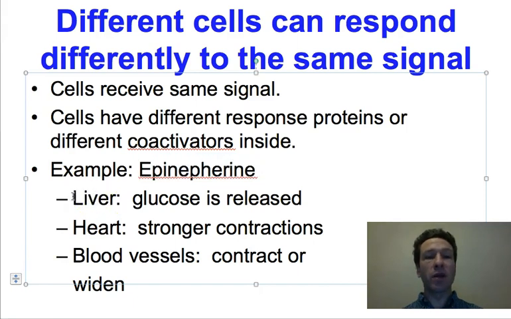So in this situation, the liver would want to release additional glucose. As you know, glucose is going to power respiration and allow things like your muscle cells to be able to fire faster. It is going to lead your heart to have stronger contractions, so the circulatory system acts faster. And it's going to make your blood vessels in some parts of the body contract and in other parts widen.